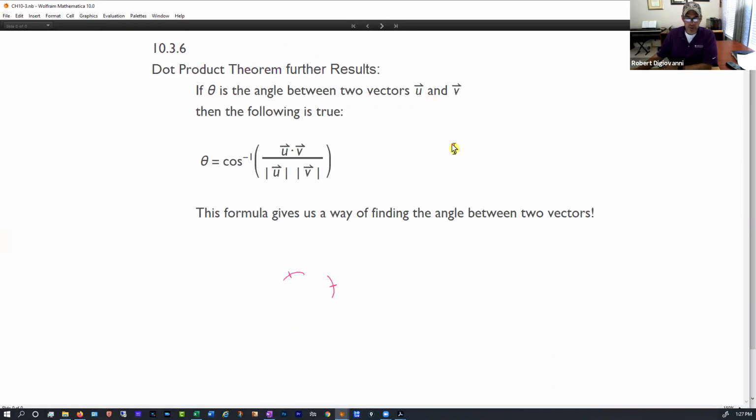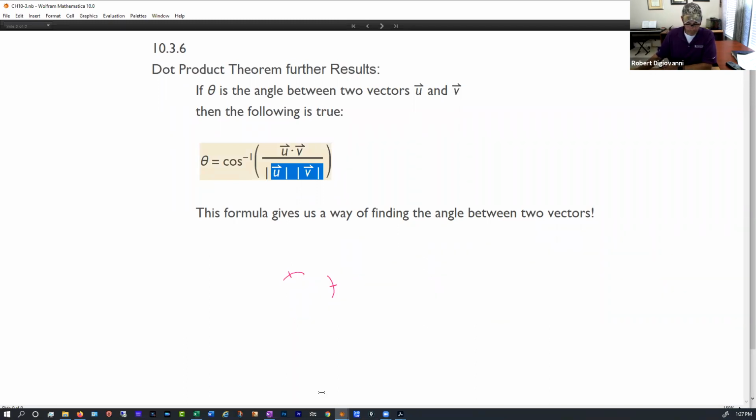If theta is the angle between two vectors u and v, then the following is true. Theta is the arc cosine of the dot product of the vectors divided by their magnitudes. Okay, that's it right there. So what we need to do is dot the two vectors, take their magnitudes, divide that through, and then take the inverse cosine, and that'll be the angle between the planes.